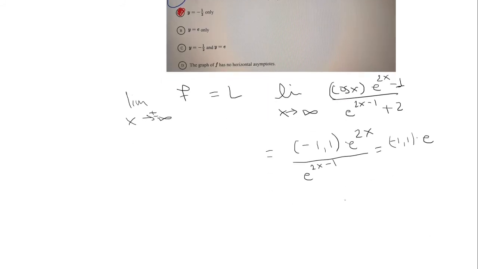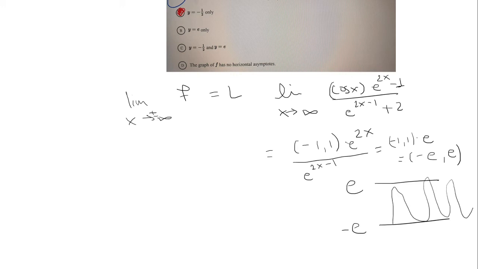Well, in the long run, the maximum is going to be e, and the minimum is going to be -e. Right? If you multiply -1 with e, you get -e, and then if you multiply 1 with e, you get e. Right? So your y values will be oscillating back and forth between -e and e, which is not an asymptote. So we have to throw this out.